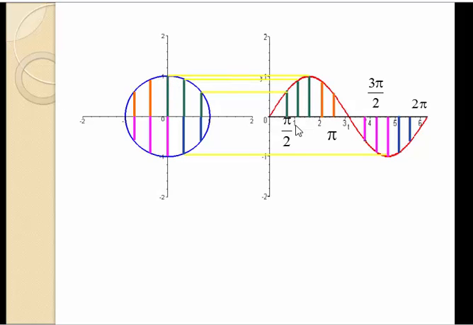Pi over 2 would be here, pi would be here. It maxes out at 1, and then it goes back to 0 when you get to pi, and then at 3 pi over 2, it's at -1, and then it comes back up to 0, and of course you fill in values in between.